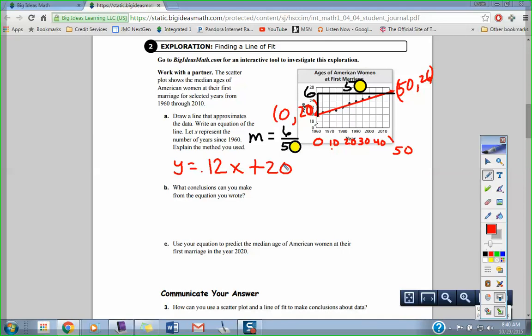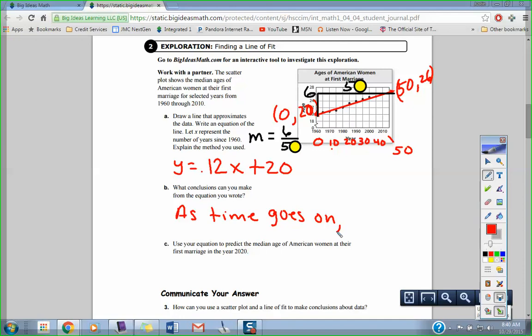What kind of a slope do we have here? Positive. So as time continues to go on, what's happening to the median age for women's marriage? It's increasing. So I'm going to say, as time goes on, women are getting married at an older age.